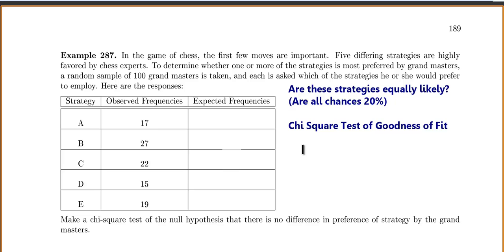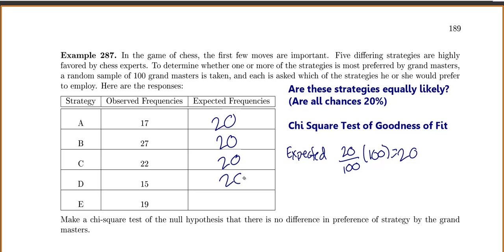And so if we expect 20%, then how do we find these expected frequencies? So the expected is going to be 20 over 100, since it's a percentage, times our grand total of 100, or 20. If they're equally likely, then it's just 100 divided by 5. They should each be 20.